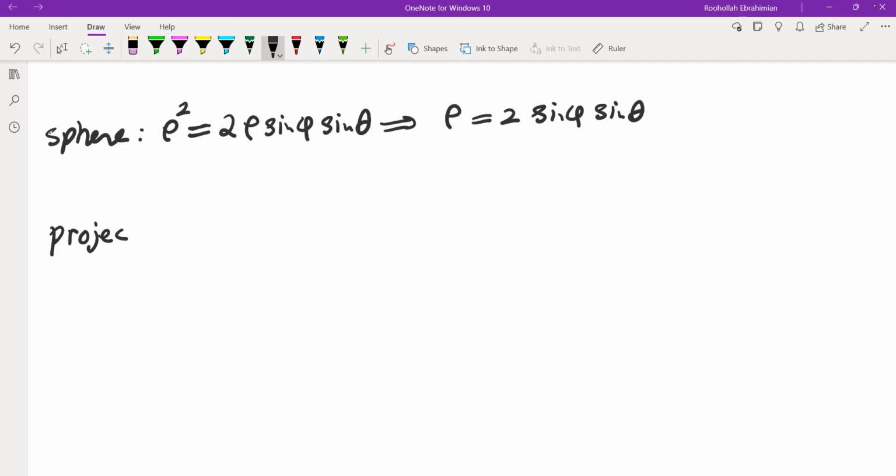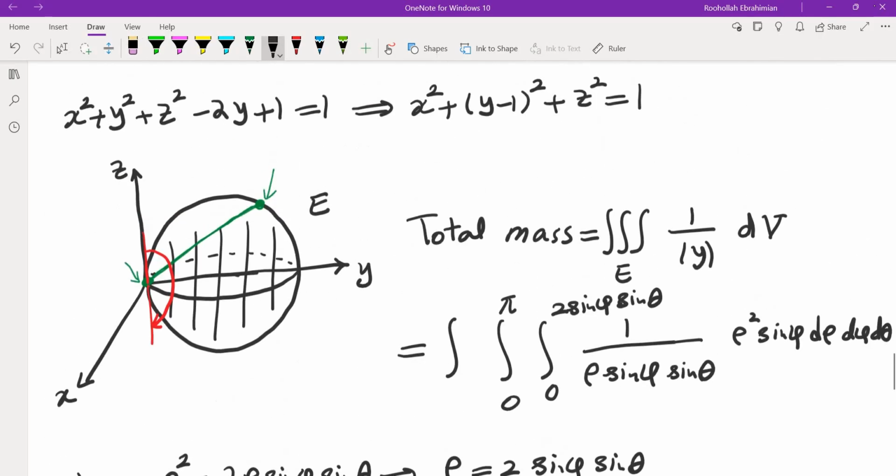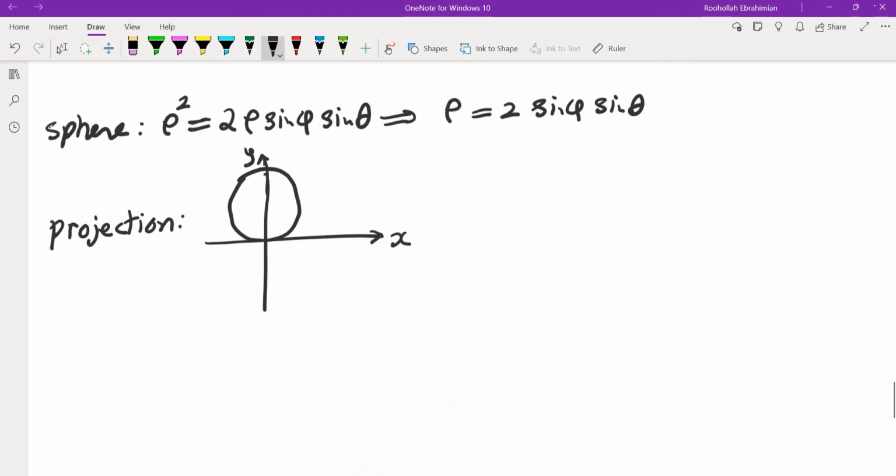The projection onto the xy plane is a circle based on the y-axis, because if you look at the original diagram, we'll see this is the projection onto the xy plane. So it's centered at 0, 1 on the y-axis. So this is the projection. What are the limits of theta? The limits of theta are from here to here, so 0 to pi.